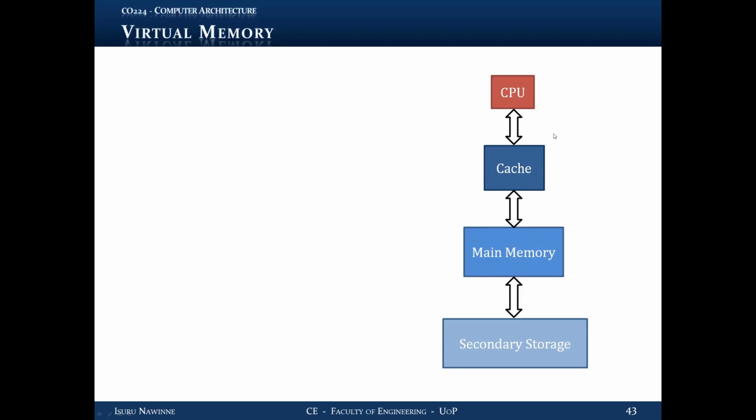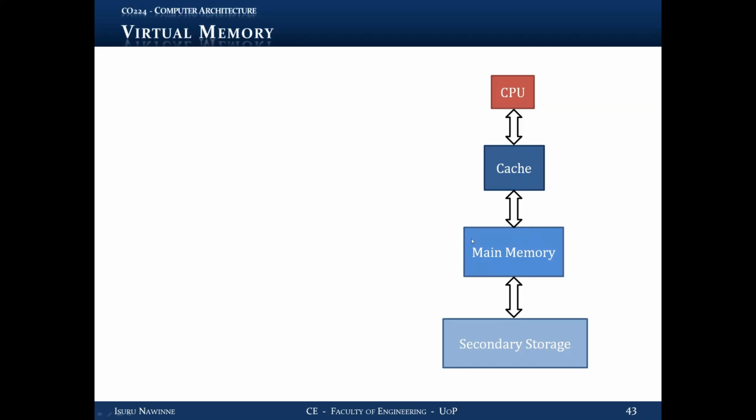So 99 or even more than that percent of accesses can be served at the cache level if you implement the cache very efficiently based on temporal and spatial locality. So only a very small portion of addresses actually go to the main memory.